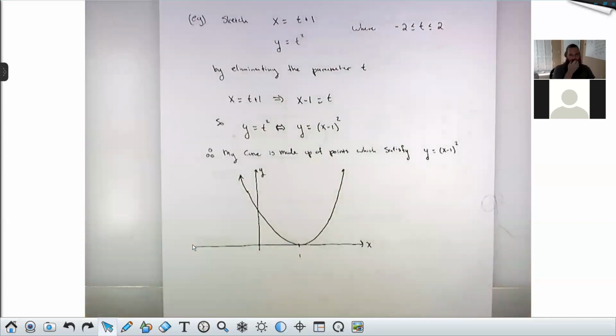There is no t-axis here. But I don't necessarily get this whole parabola. This is the graph of this equation, and anything on my curve has to also be on this curve. But my curve had this additional restriction that t is only allowed to run from -2 to 2.